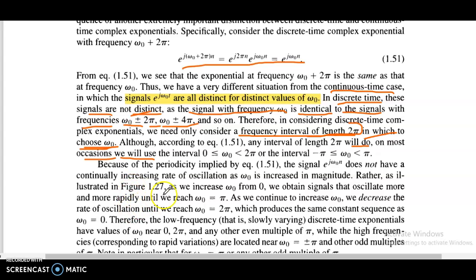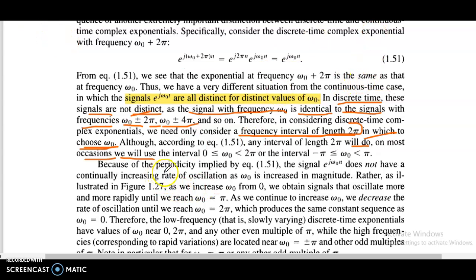Because of the periodicity implied by equation 1.51, the signal e^{jω₀n} does not have a continually increasing rate of oscillation as ω₀ is increased in magnitude.